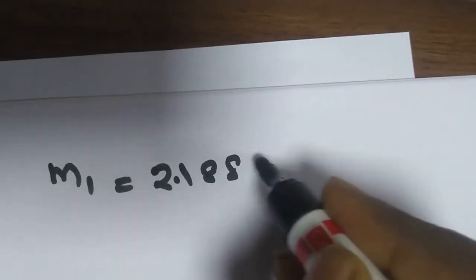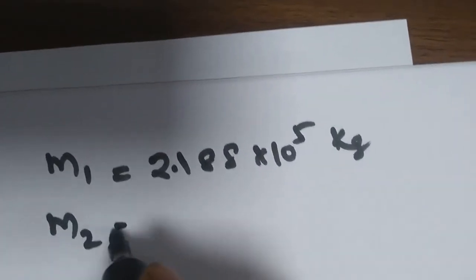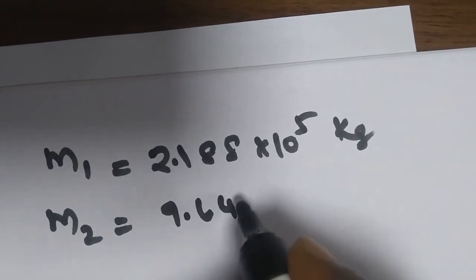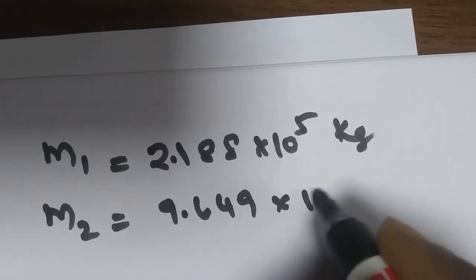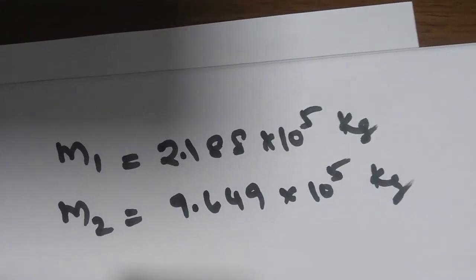So we have M1 equal to 2.188 into 10 power 5 kg. M2, just now we have determined, is 9.649 into 10 power 5 kg. Then what is the total mass?